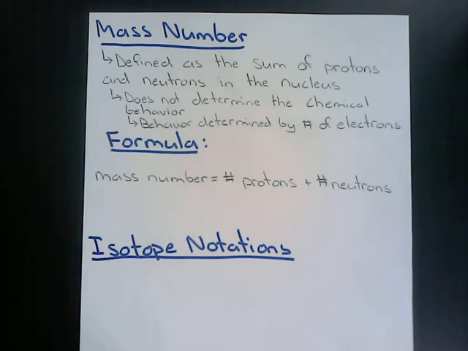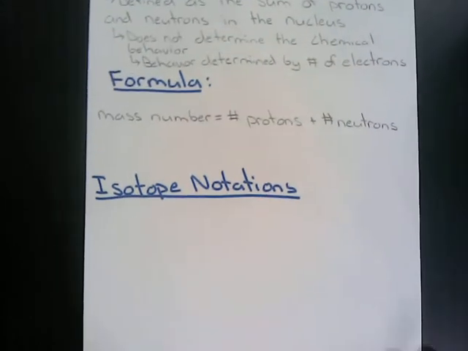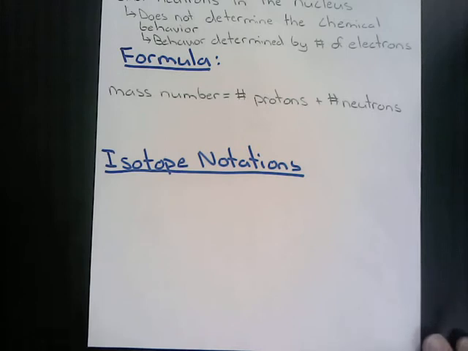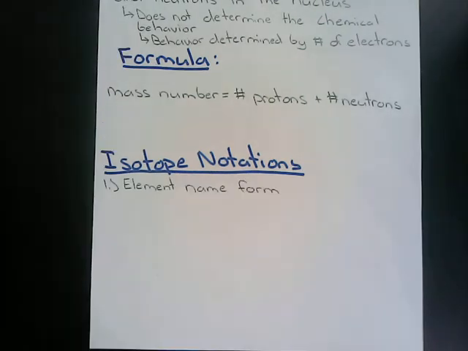We already alluded to some isotope notation on the previous page, but I want to talk about the two types of isotope notation that we have. The first is the element name notation. In this notation, the element name form is going to write the name of the element followed by the mass number.